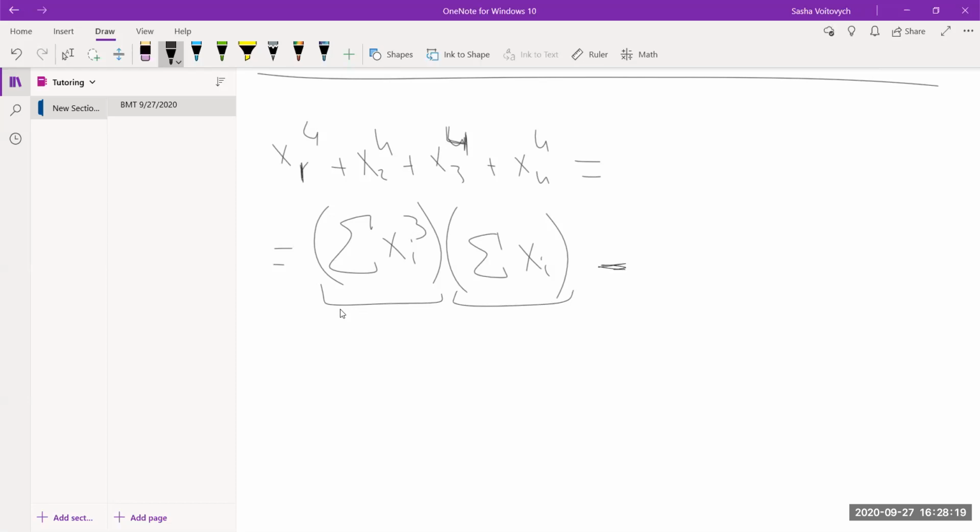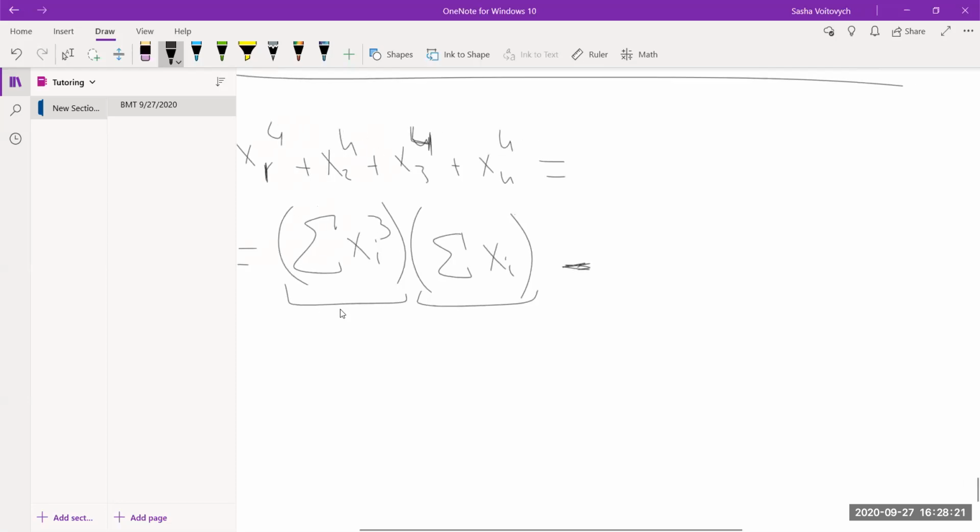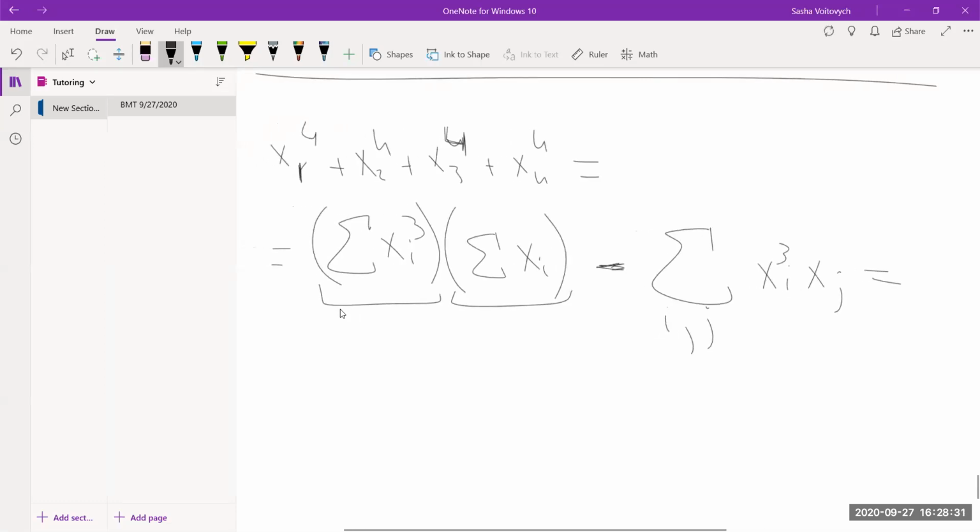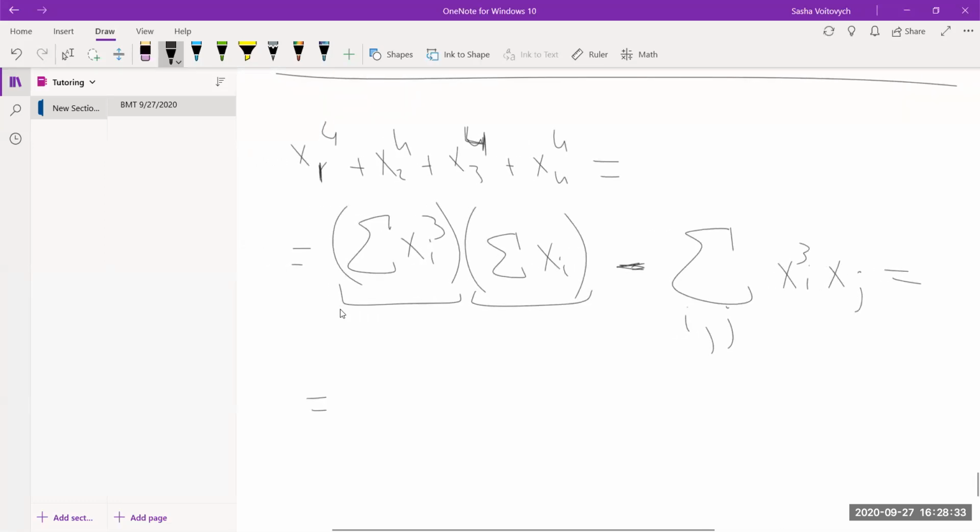But now we're overcounting certain terms of a certain form, and this form is this. So we'll just leave this as it is.